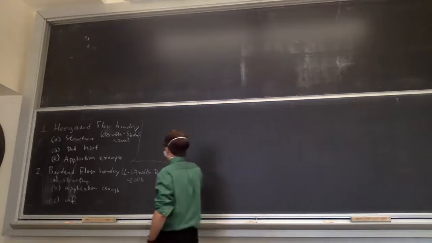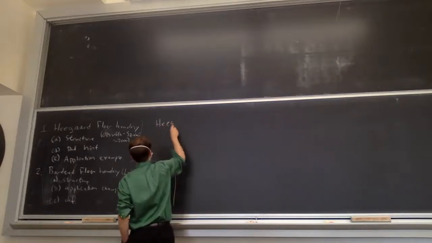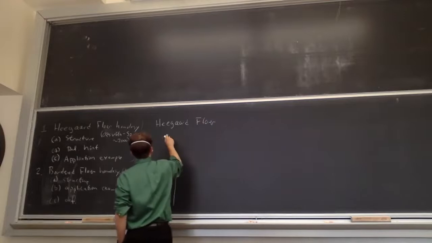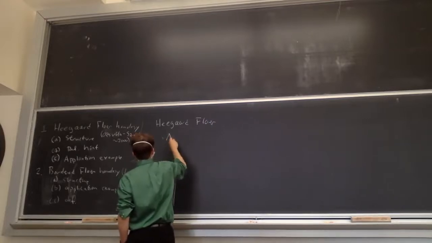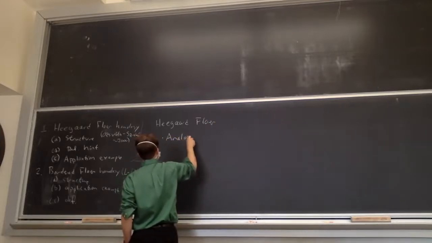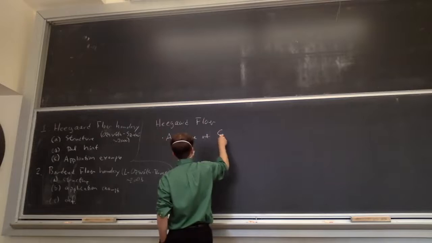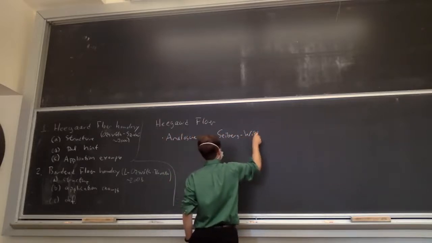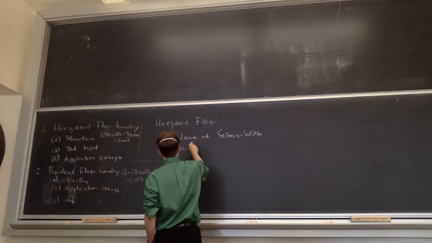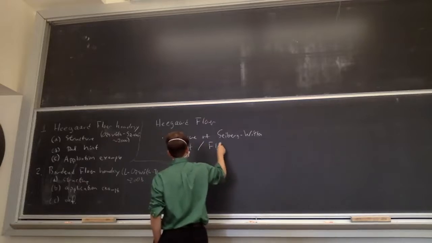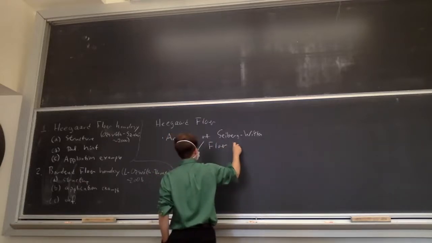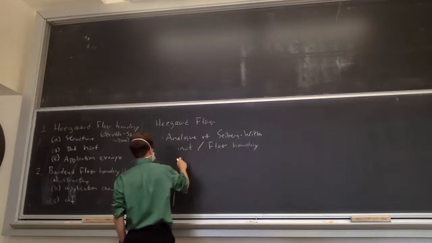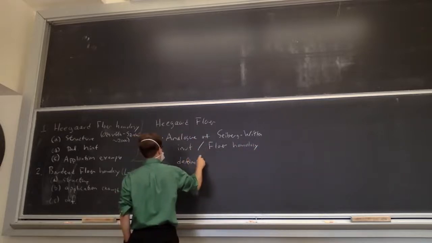So Heegaard Floer is an analog of Seiberg-Witten theory, the Seiberg-Witten invariant, or Seiberg-Witten Floer homology, defined via holomorphic curves.